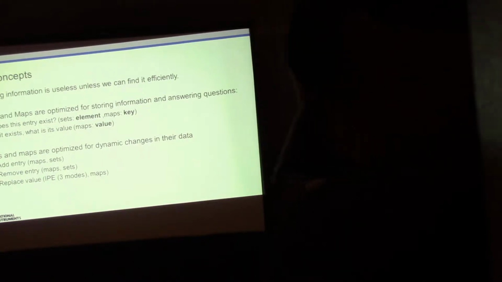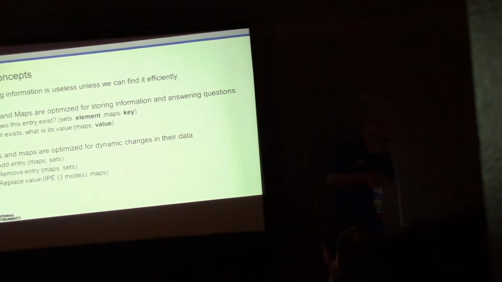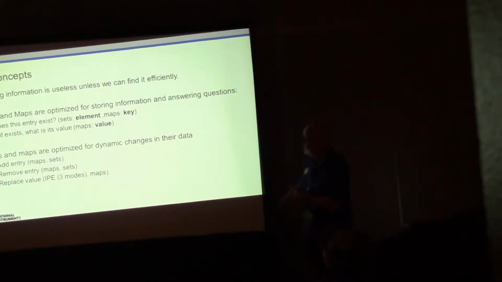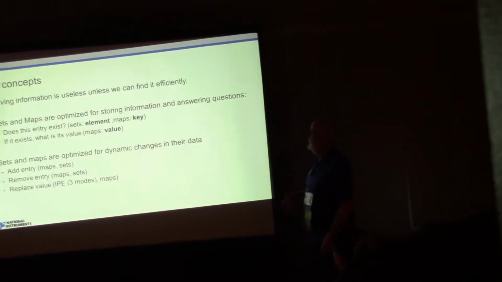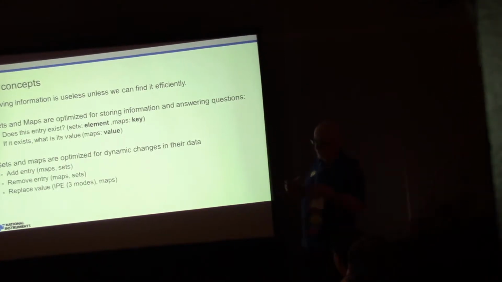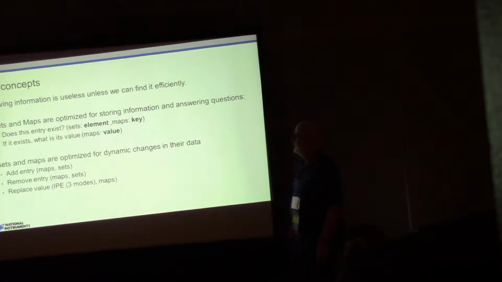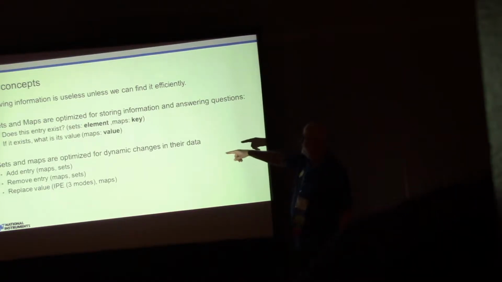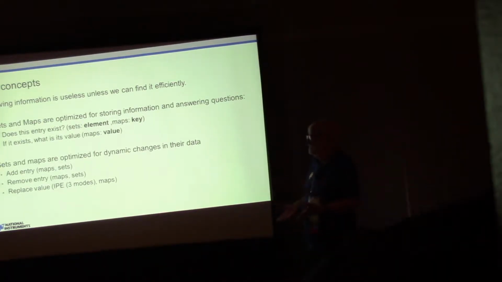So having information is useless unless we can find it efficiently, right? I mean, that's Google's business, right? Finding information. And sets and maps are optimized for storing information and answering simple questions about the collected data. For example, does this entry exist? For sets, it's does an element exist?